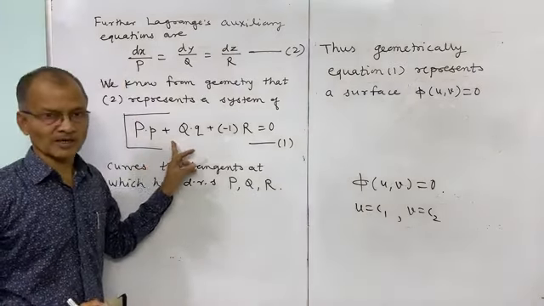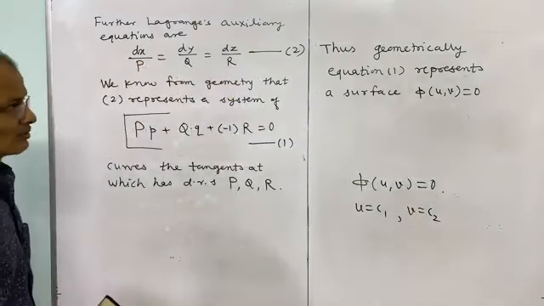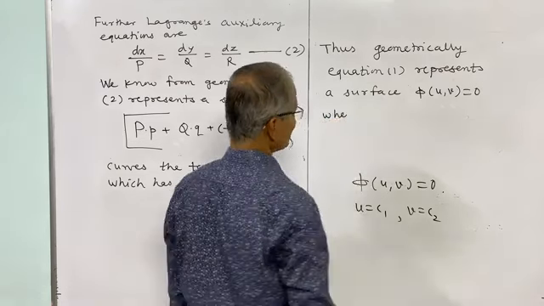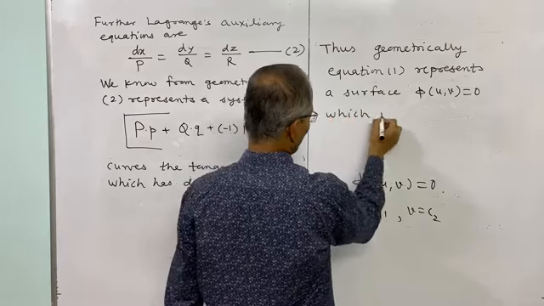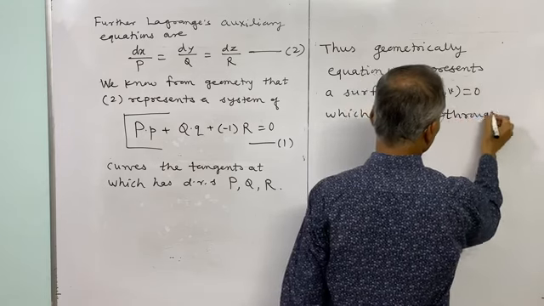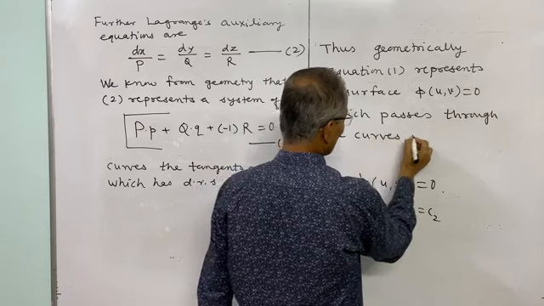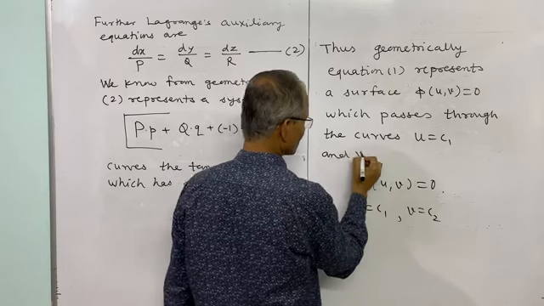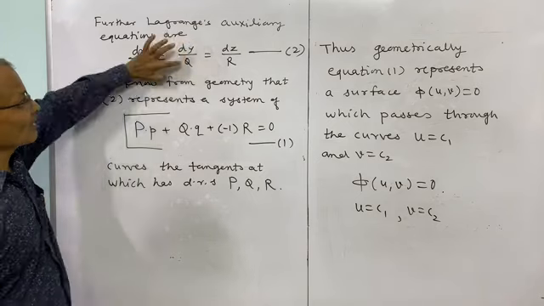We have solved such problems, and the solution we have written like this: phi of u and v is equal to 0, which passes through the curves u is equal to c1 and v is equal to c2, given by equation 2.